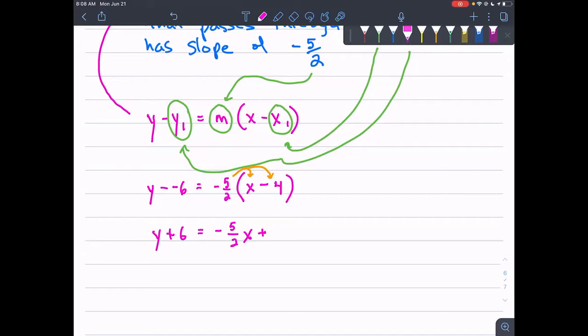And if you think of this as 4/1, multiplying fractions is usually pretty easy. You just have to multiply the top and multiply the bottom. So we know it's going to be positive. 5 times 4 on top. We've got 20. And then on bottom, the 2 times the 1. So 20/2.